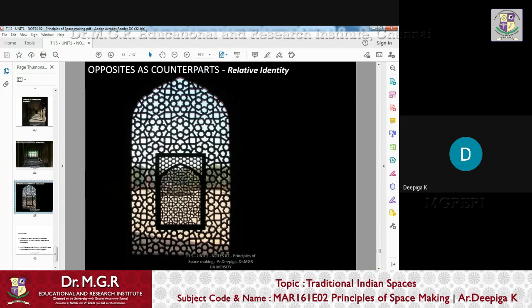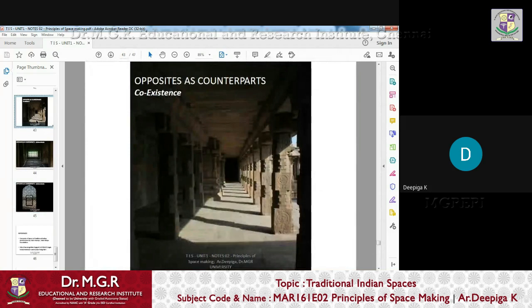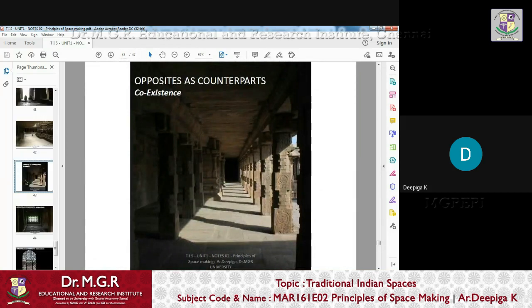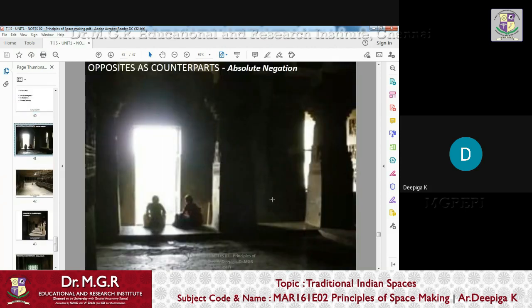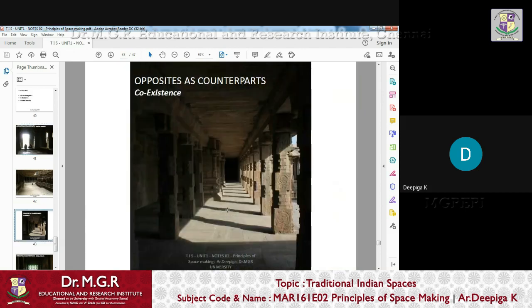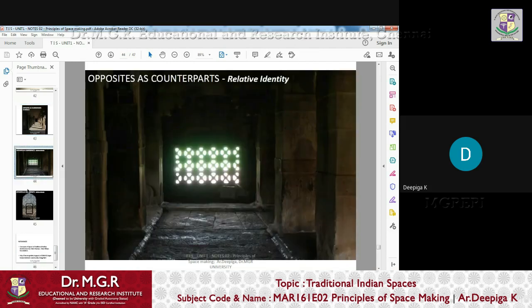Okay. So here you see how they both coexist. And again, I'm just taking light and shade as a play, and I'm explaining these three. Here you don't have light inside. It is negated. It is totally not there. It is outside. But they still are summing up to each other in different ways. Here they are balanced and they are coexisting. And here, one kind of gives an identity to another.